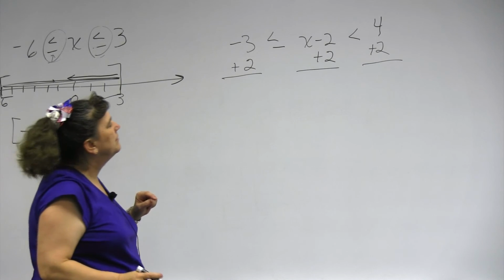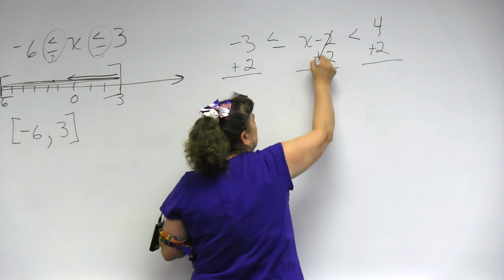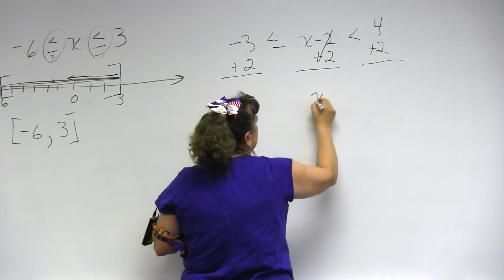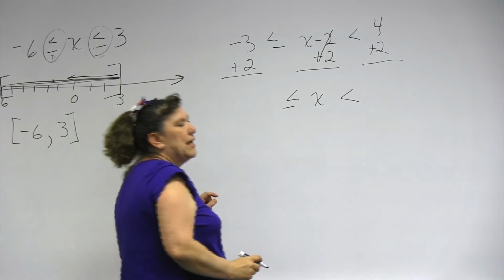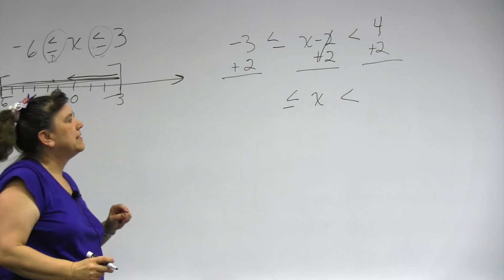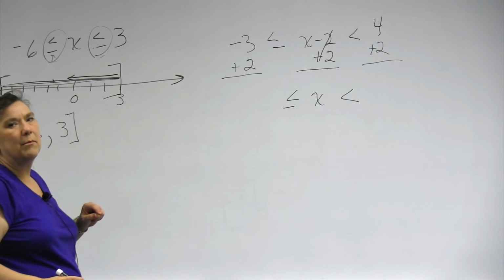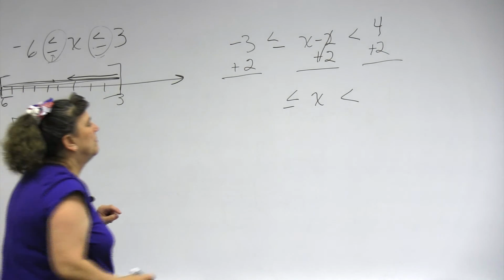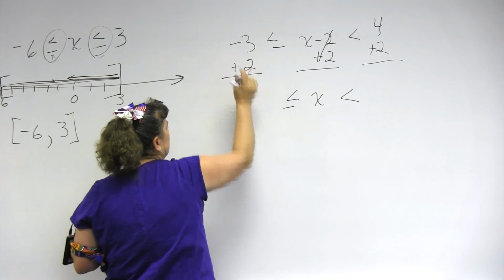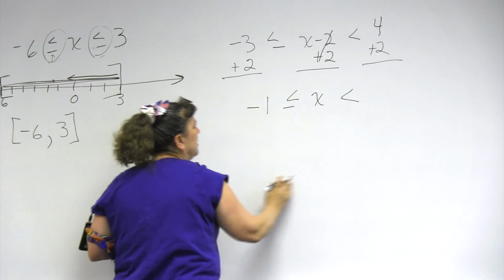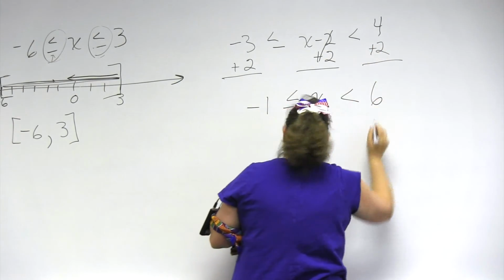A little bit different. So this becomes 0, and you're left with x in the middle. And notice how I just copied those inequality symbols down exactly like they are above. Be careful on this one because they are not exactly the same. Now, -3 plus 2 leaves you with a -1. 4 plus 2 is 6.